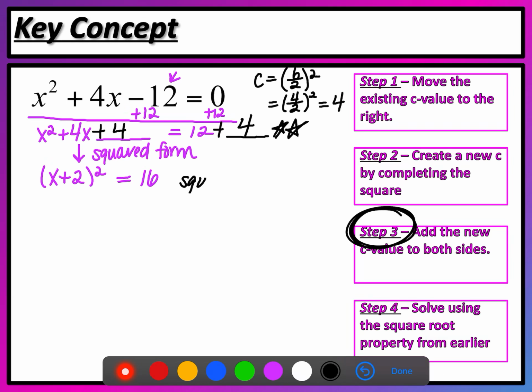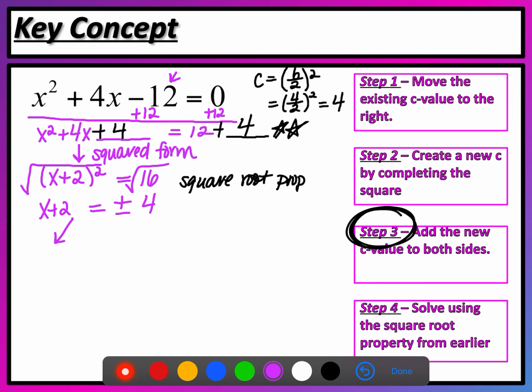From here, we're going to do the square root property. This is what we were doing all of day 1, where we just square root both sides. Plus or minus 4.